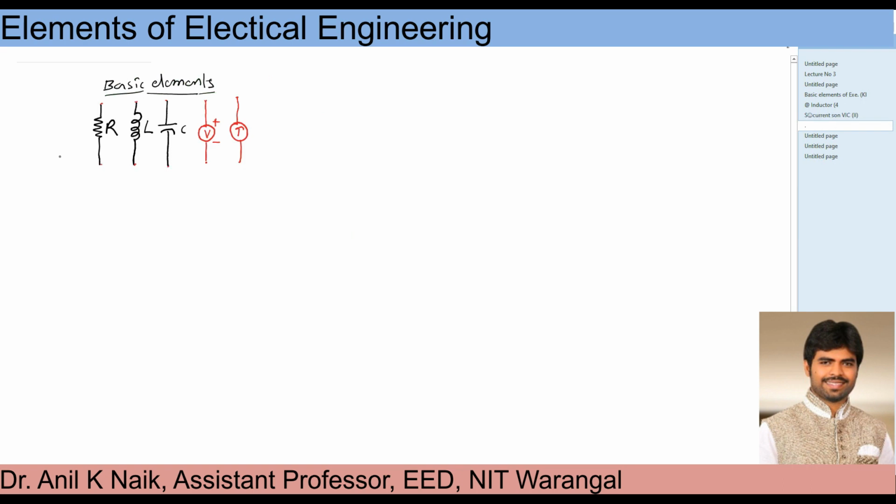So these are the basic elements, a total of 5 elements we have seen: the voltage V and current I, the current source, the voltage source, and the RLC circuits. They are the basic elements of electrical networks.